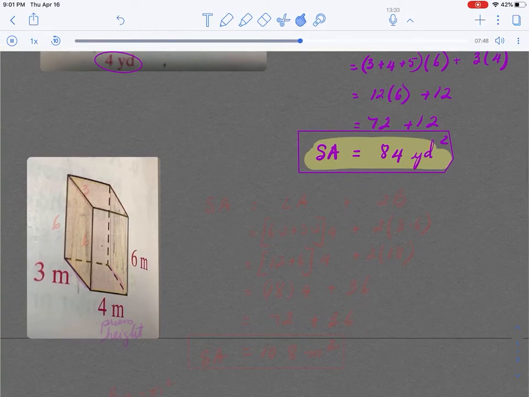In a rectangular prism there can be 3 different bases. I can look at this as the base, meaning this opposite side of it needs to be a base.